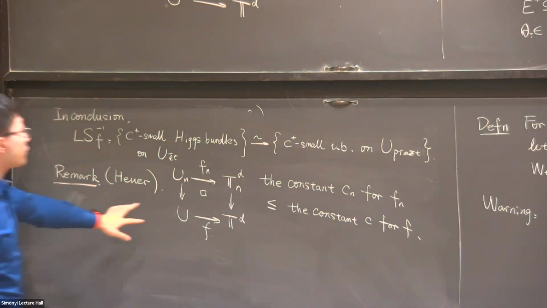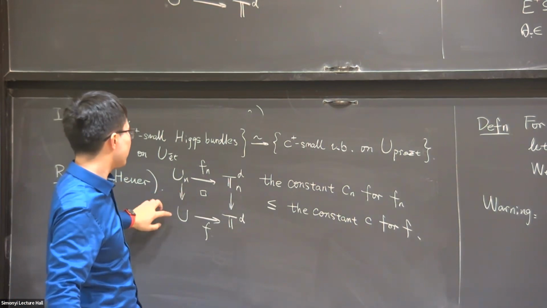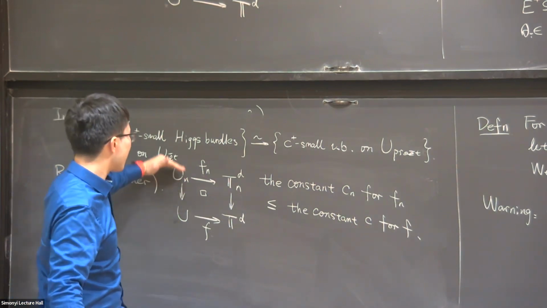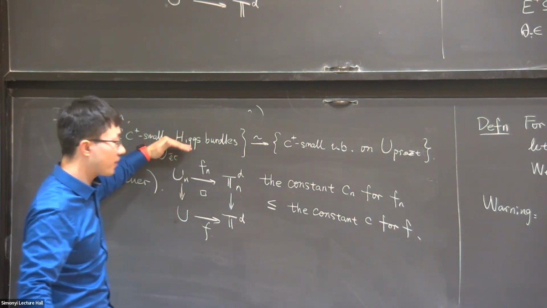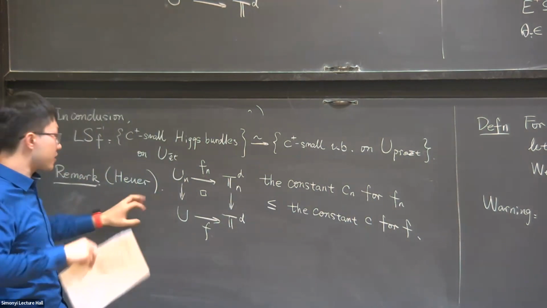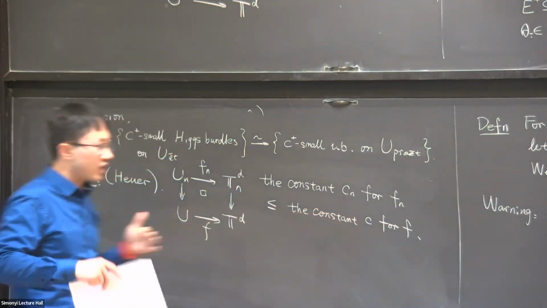Namely, if you have a general finite free Delta representation over U, then by going up this tower, you will see that the Galois group shrinks. However, the smallness bound will not change.